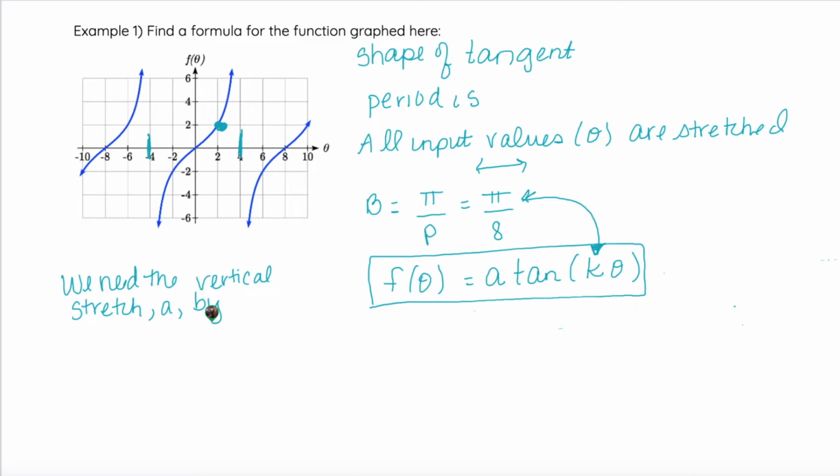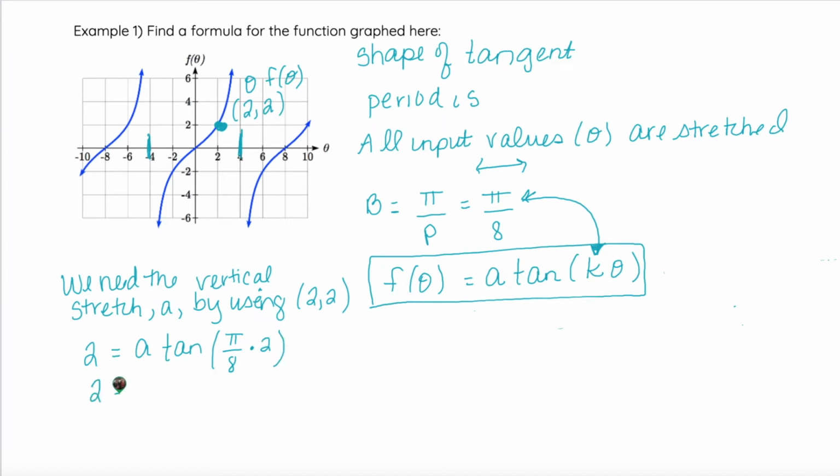We're going to use a point that we have, 2, 2, to solve for A. I know that this 2 is our theta, and the other 2 is f of theta. So therefore I have 2 is equal to A times tangent of pi over 8 times theta, which is 2.